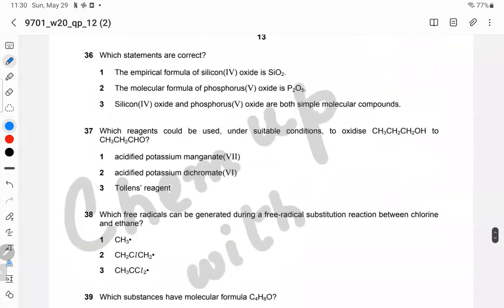Okay, question number 36. Which statements are correct? The empirical formula of silicon 4 oxide is SiO2.